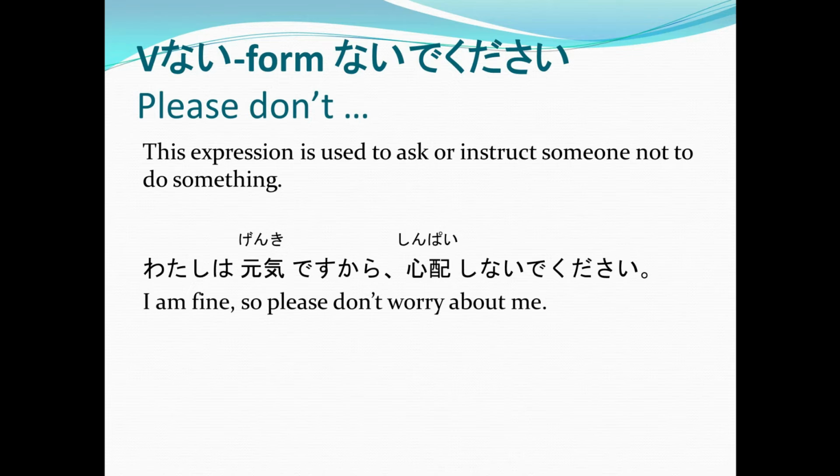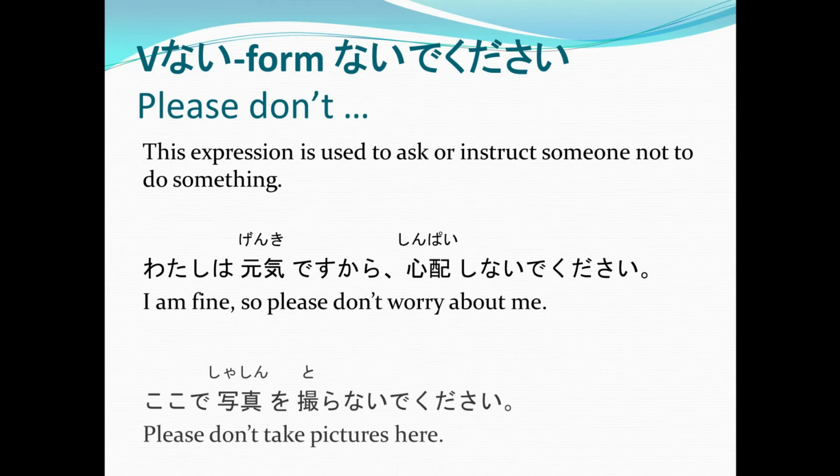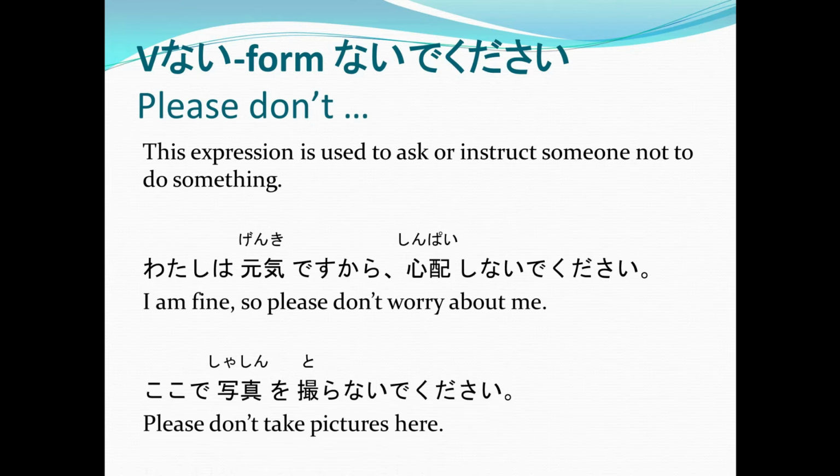Wakarimashita? Now, another example. Koko de shashin o toranai de kudasai. Or please don't take pictures here. So from torimasu, to take a picture, we transform it into its nai form, which is toranai, then add de kudasai because we are asking someone not to do something.